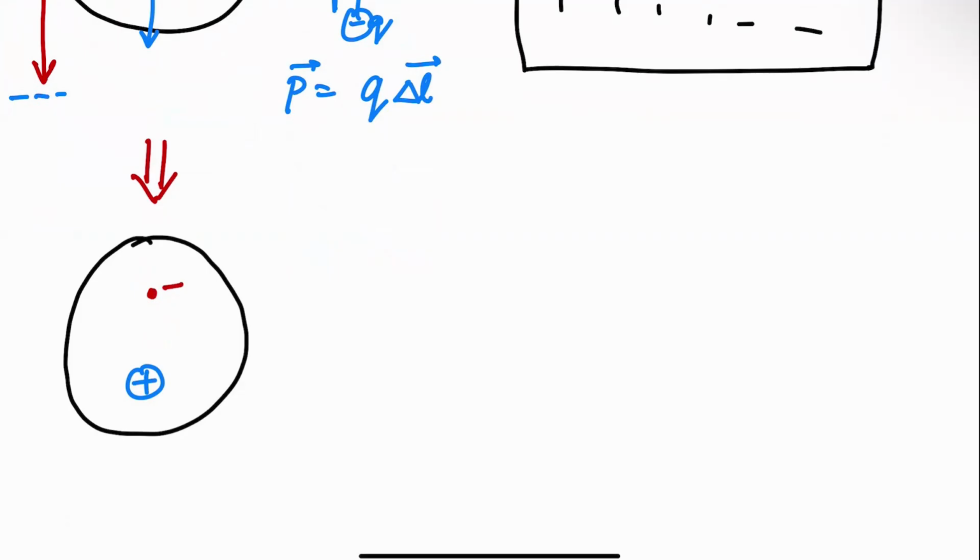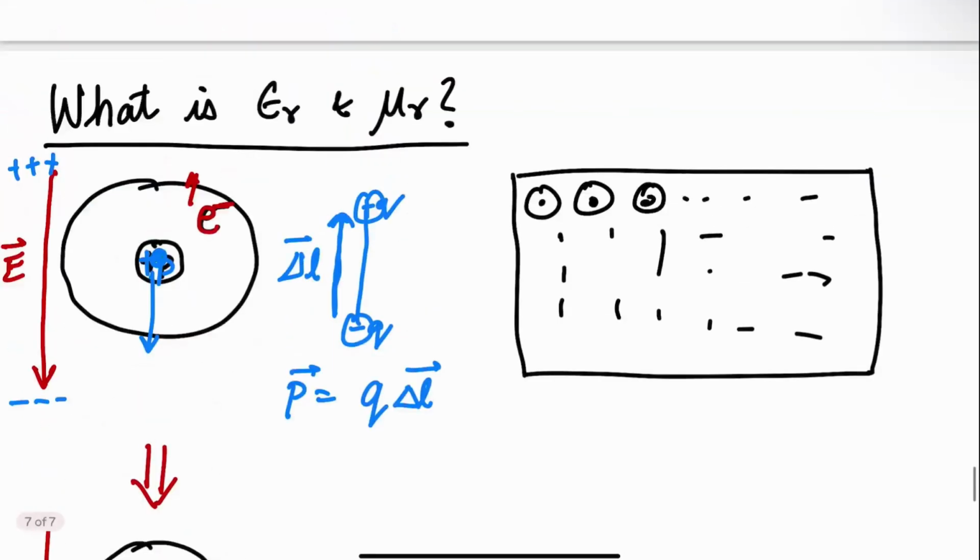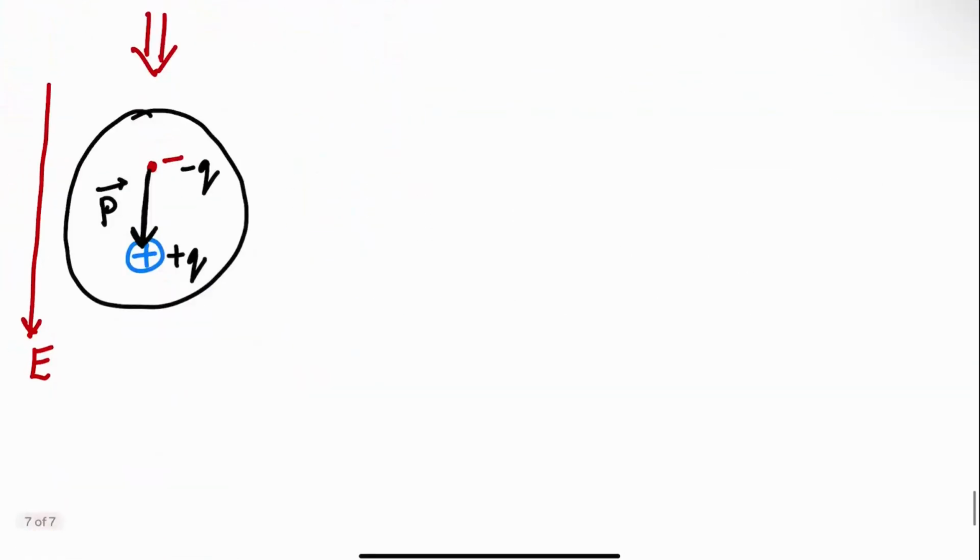But we'll actually say that it's a very accurate model for many materials. Okay, so now I have a dipole moment that's created. I can call this plus Q, this minus Q, and there is a dipole moment in the same direction as the applied electric field. This is the applied electric field. So maybe I'll call this E0, which is the original applied electric field.